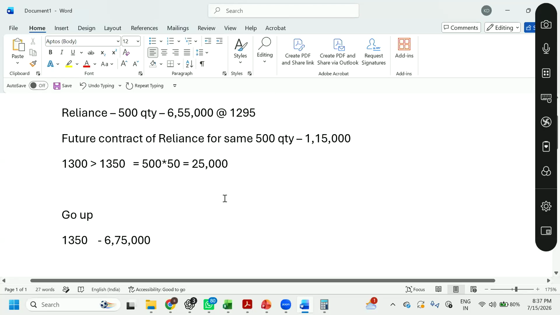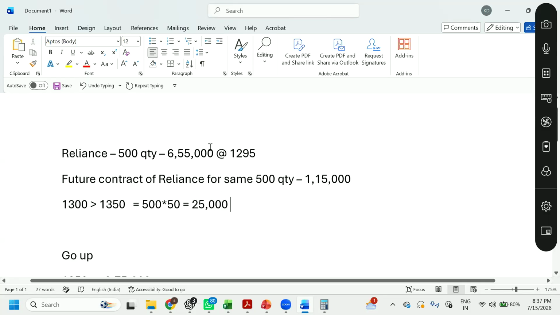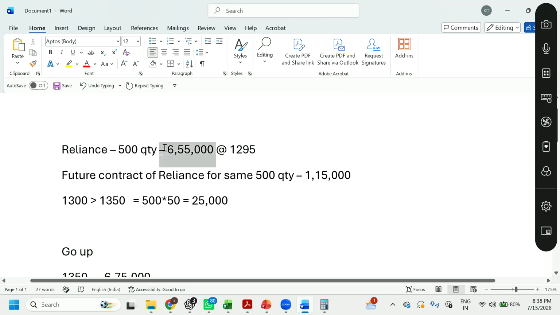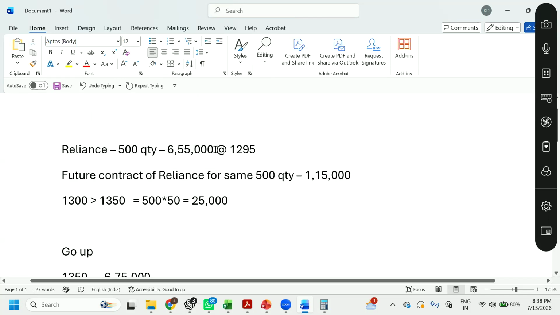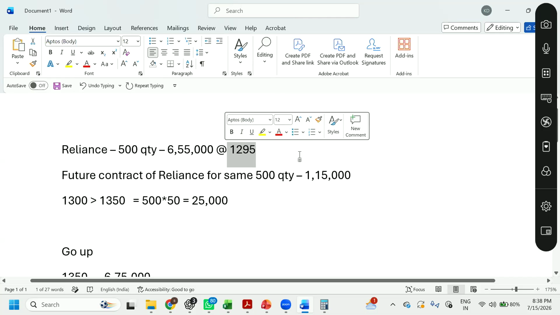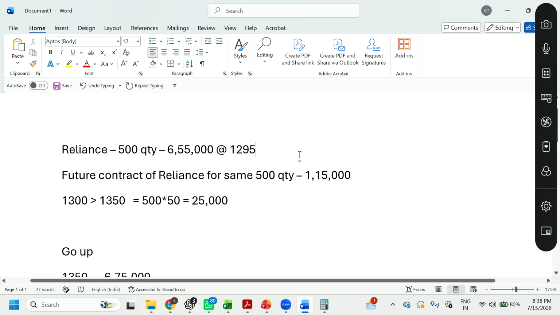Now, why is this important? Let's understand this fact here. If I have to pay, I'm more interested in Reliance, I'm very bullish on Reliance. As of July, I have to pay 6,55,000 at this price of 1295. Now I don't have the money. I will have the money only next month, because whatever the adjustments and settlements, the money will be there only next month to buy the spot price of Reliance.